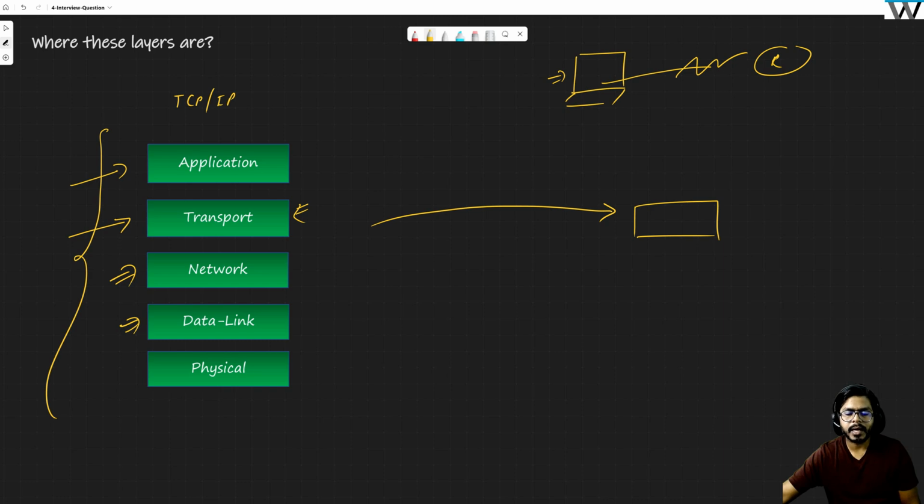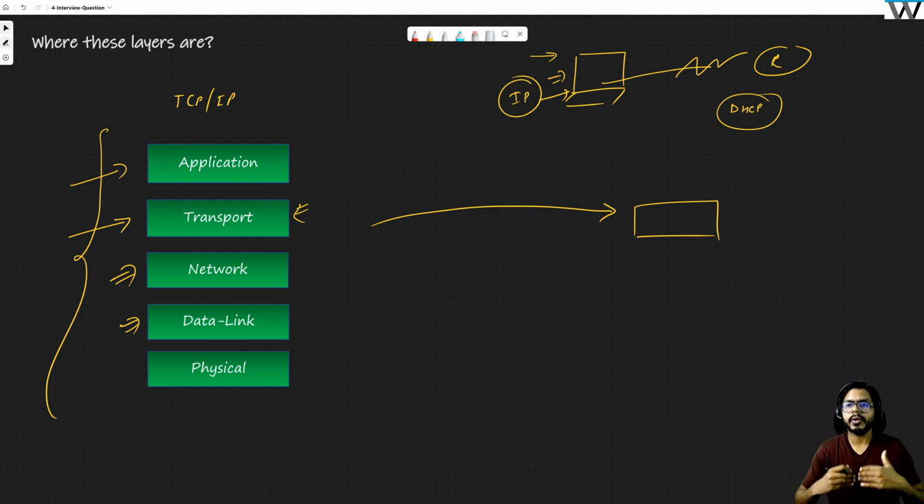But you must be thinking that you have never configured an IP address on this device, and you have never seen TCP/IP on it, but it is still able to connect. Believe me, you could configure the IP address on this device manually, although you don't need to, because there is a protocol known as DHCP, which we can talk about later.